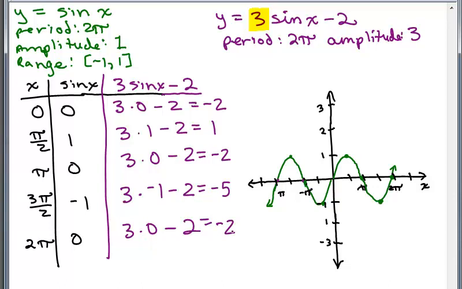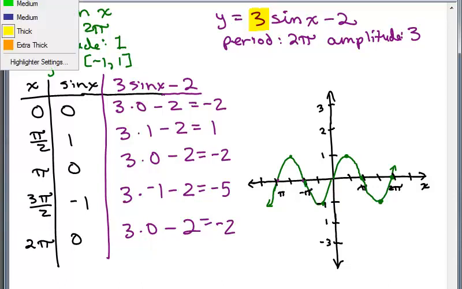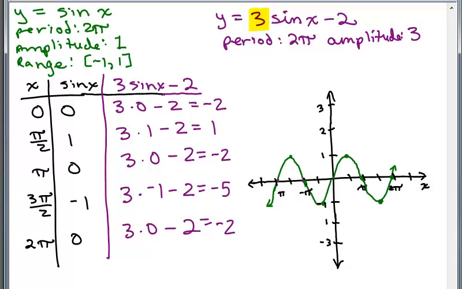So my ordered pairs, and make sure you see your ordered pairs carefully: we've got 0, negative 2. Sorry, this is supposed to be negative 2 pi. All right, so we've got that first ordered pair.